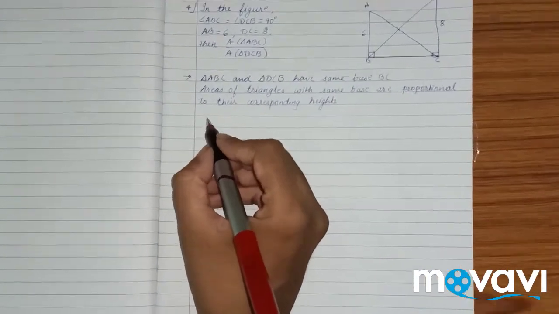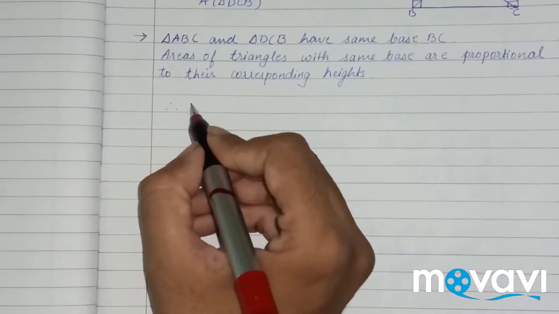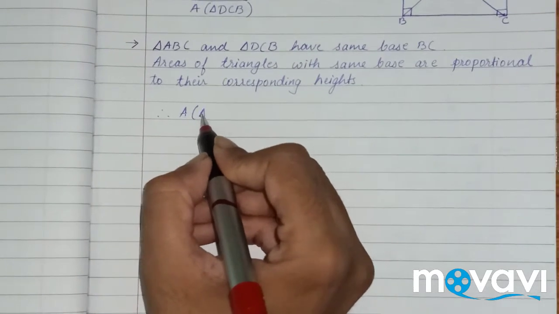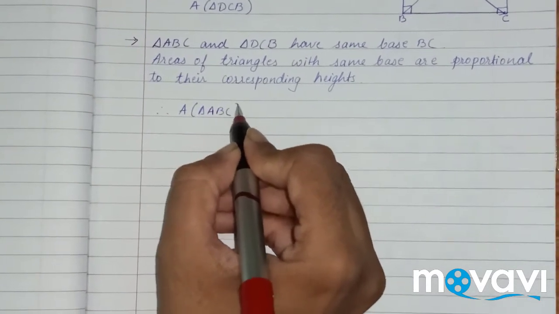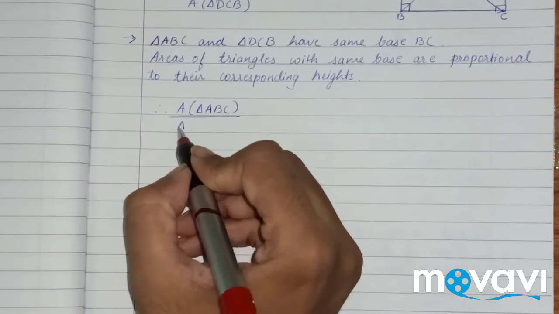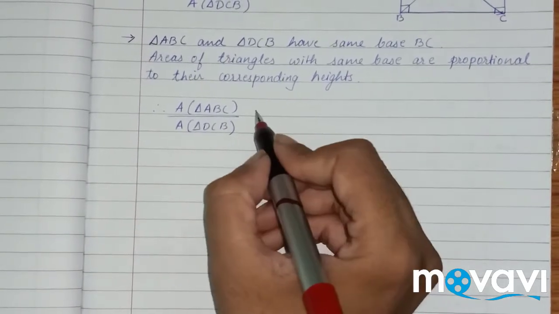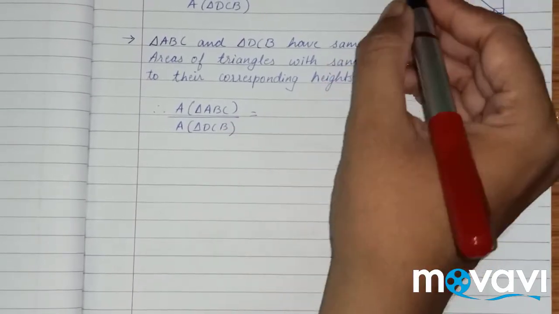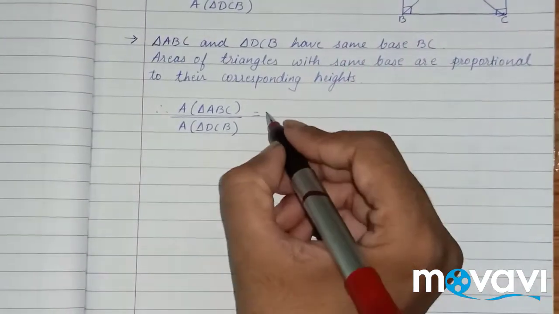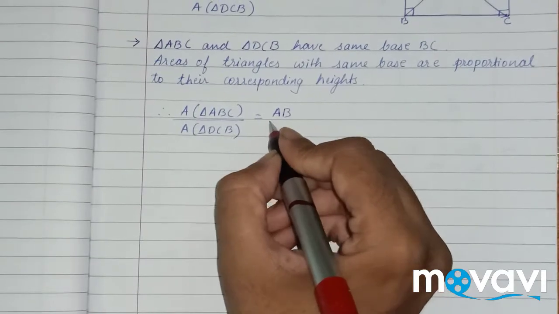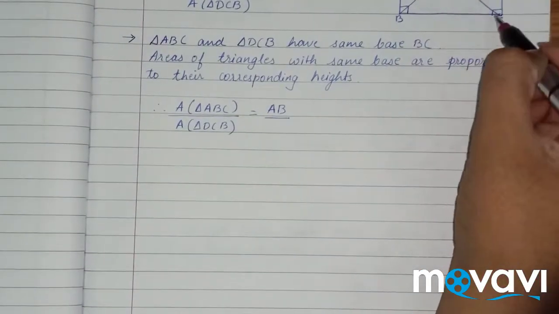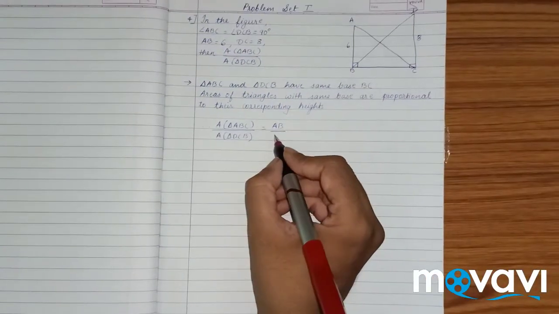So therefore we'll write the ratio area of triangle ABC upon area of triangle DCB will be equal to, what is the height for triangle ABC? It is AB upon height of triangle DCB is DC.